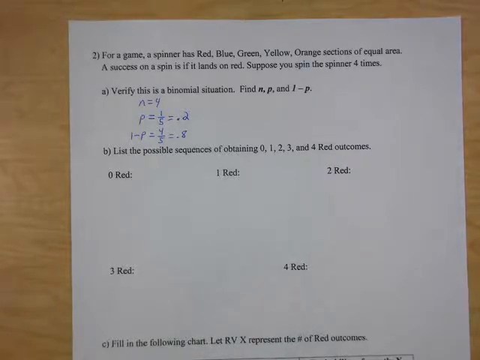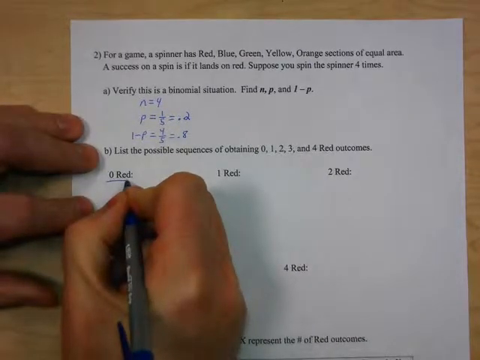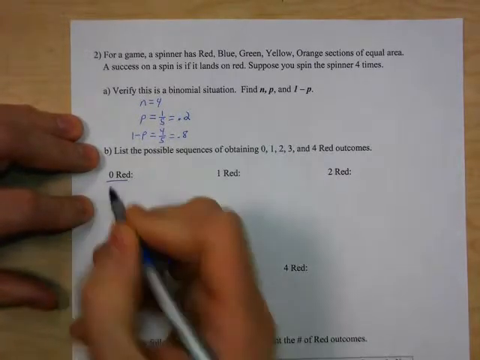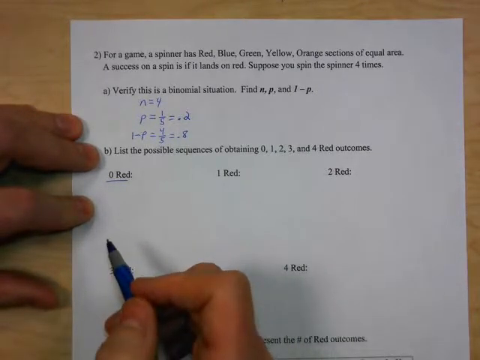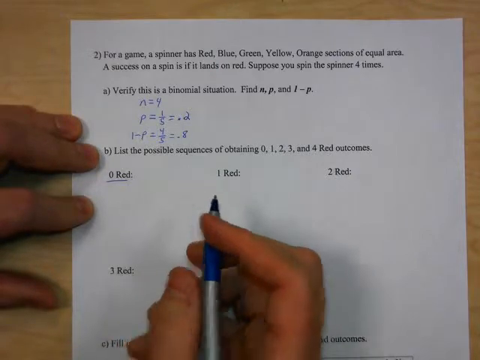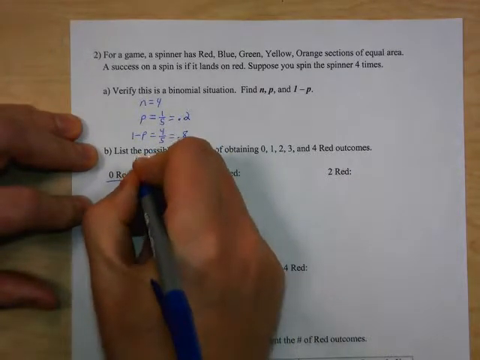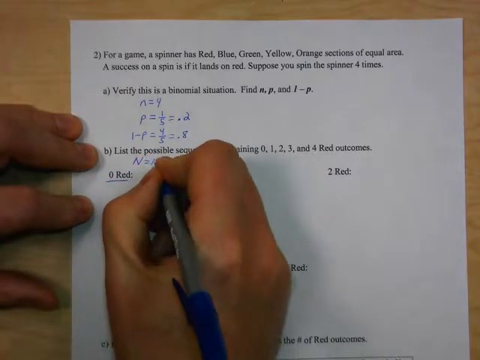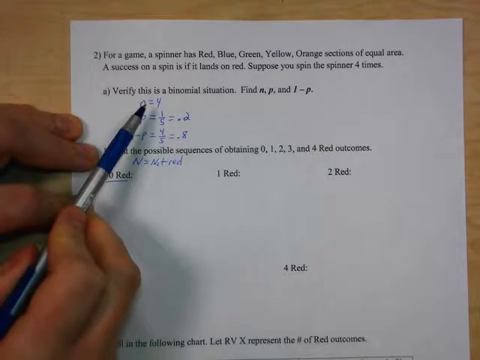So when you list the possible sequences of obtaining 0, 1, 2, 3, and 4 red outcomes, getting 0 red, we have to look at how that can happen. In order to get 0 red, that means you have to get not red in the first, second, third, and fourth spin. I'm going to use a capital N to represent not red. Don't confuse it with lowercase n, the number of trials.